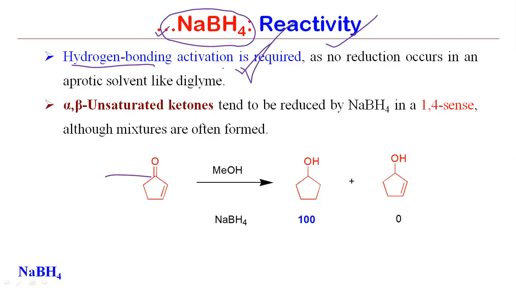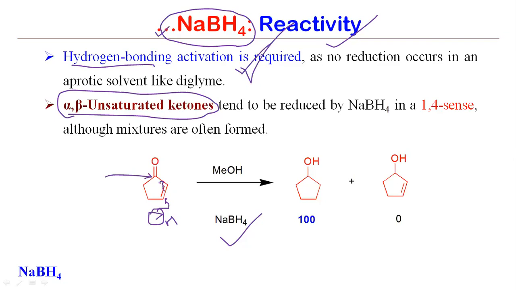This is actually important. If we have a substrate having an alpha beta unsaturated carbonyl system, a conjugated carbonyl system, and we add sodium borohydride, it has been observed that generally it adds on this functionality in a 1,4 fashion. It means the hydride will attack here first. The first step is here, but it is just a representation.